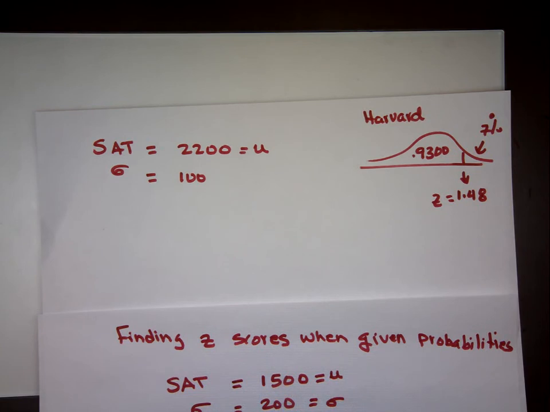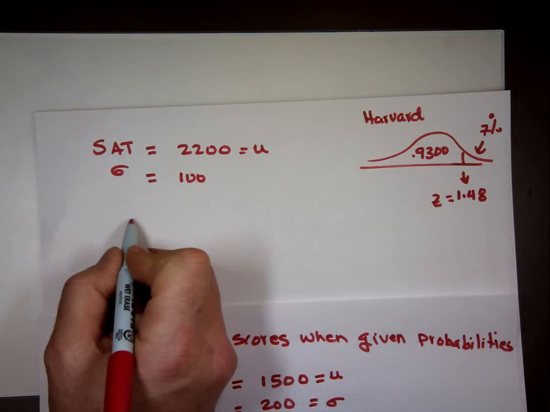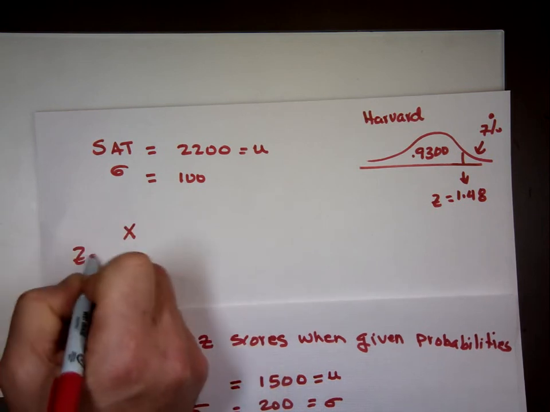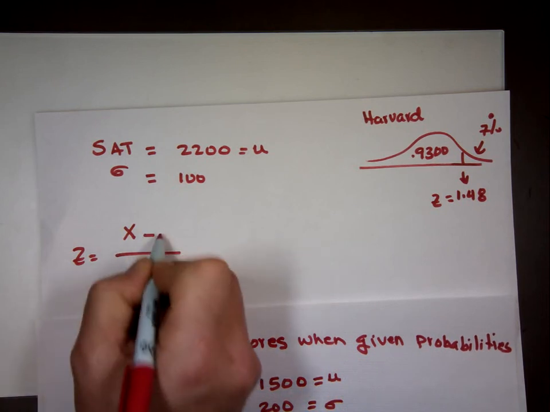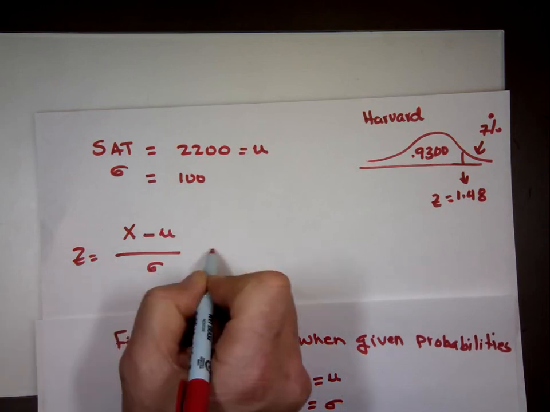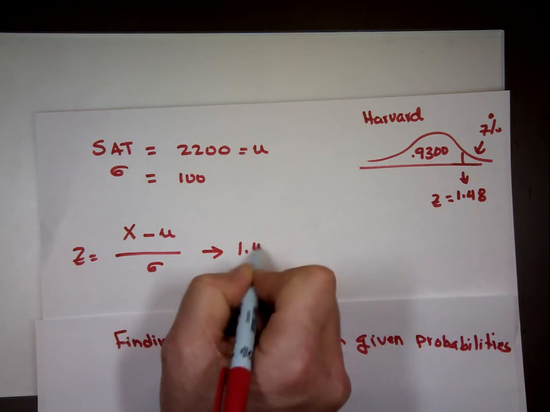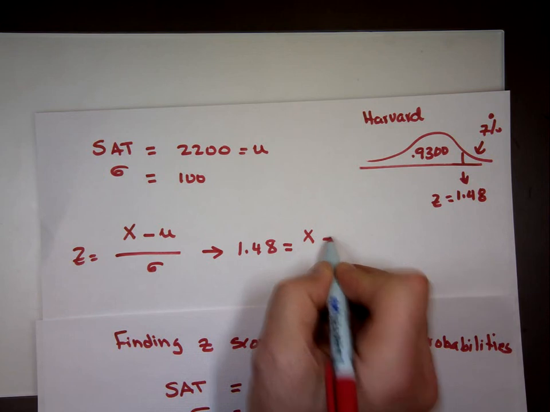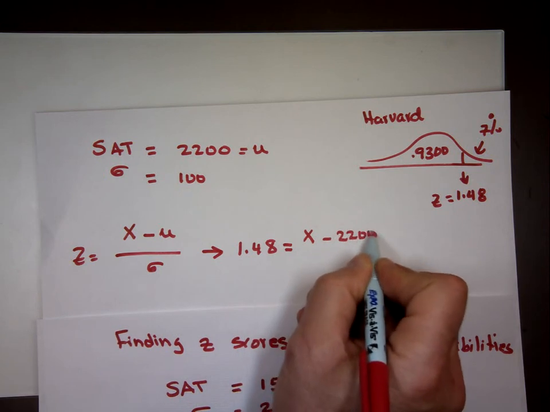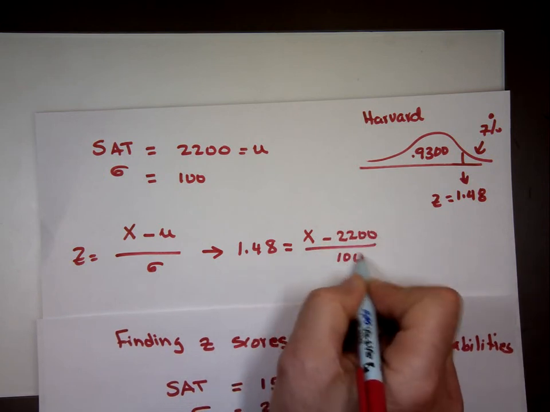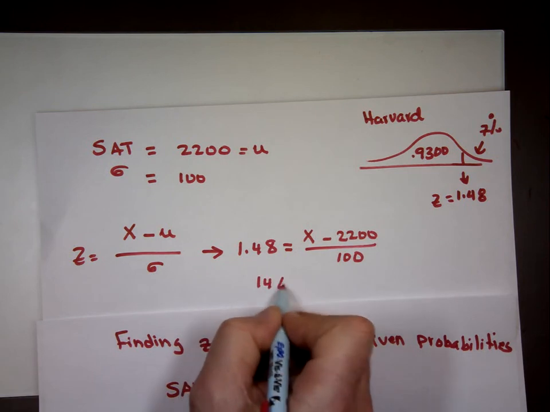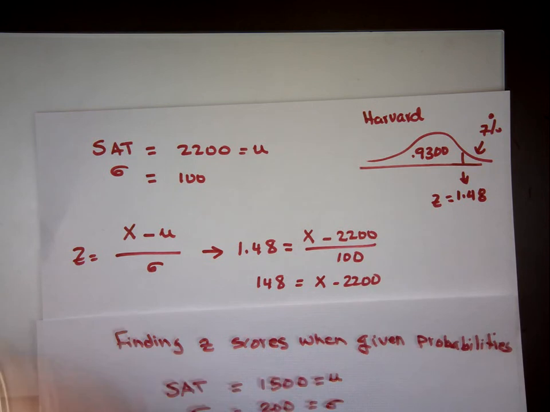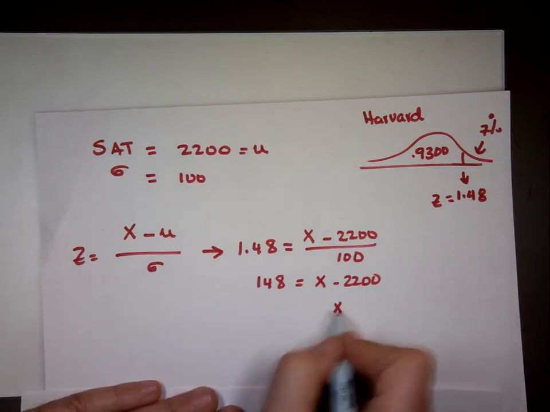Z equals x minus mu over sigma. The Z value is 1.48 equals what? X, which is unknown, I'm looking for it, minus 2200 divided by 100. This is 148. And Harvard says if you want to come to us, you better be ready to have an SAT score of 2348.